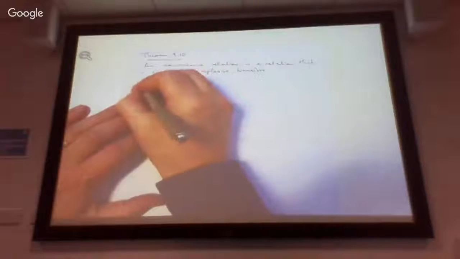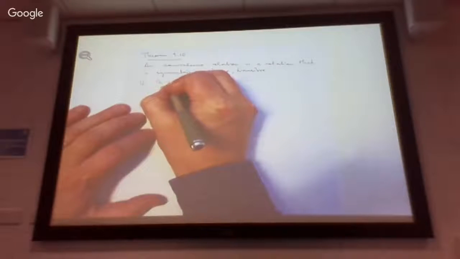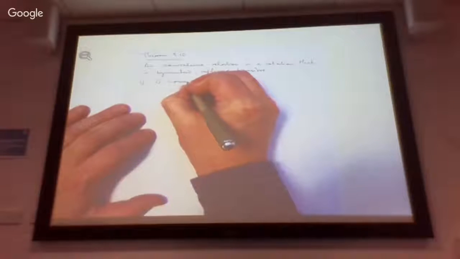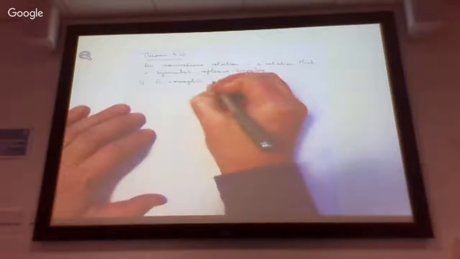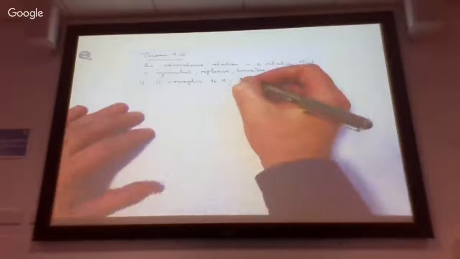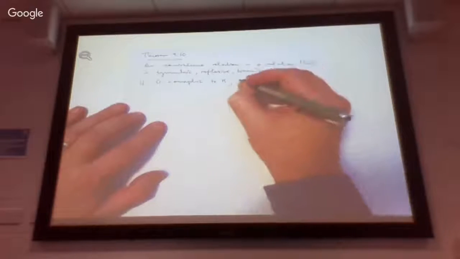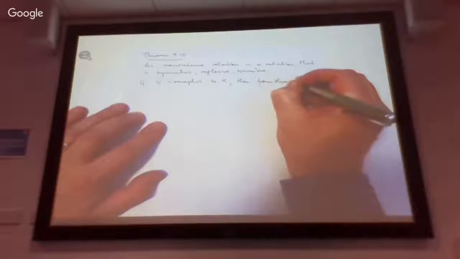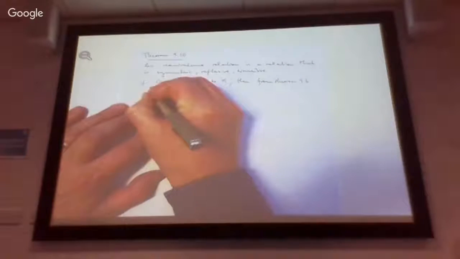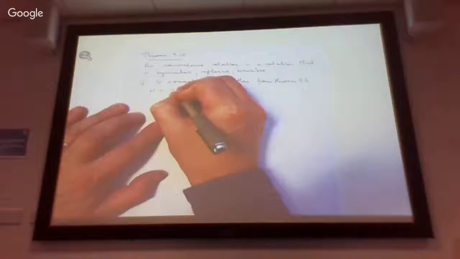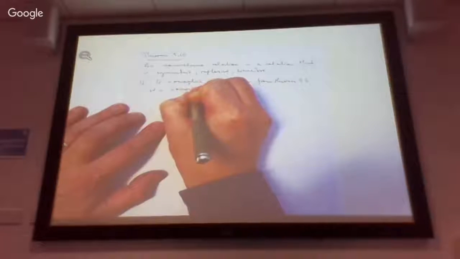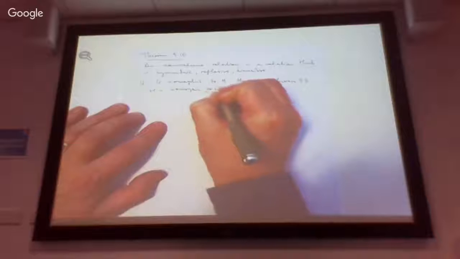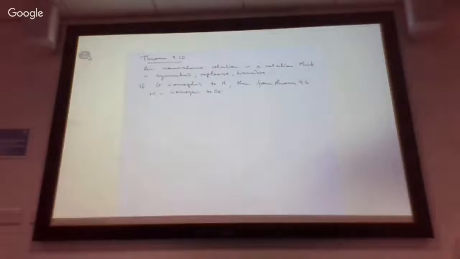So symmetric: if G is isomorphic to H, well, we've already shown in Theorem 9.6 that H is isomorphic to G. So if the isomorphism relation goes one way, it automatically comes back the other way.